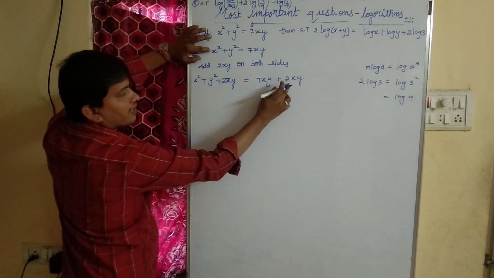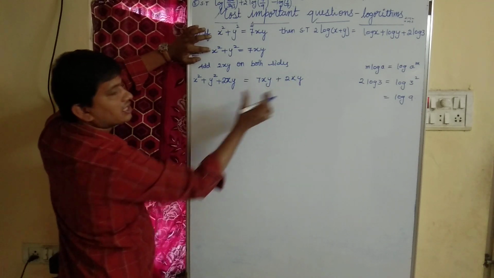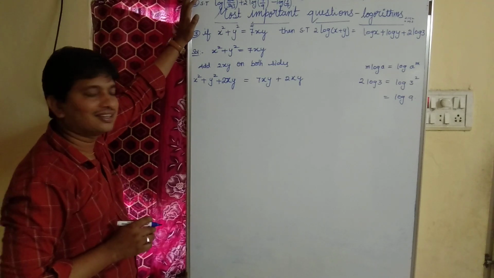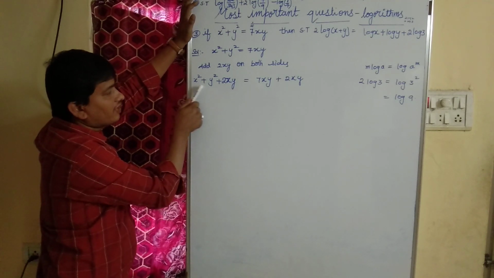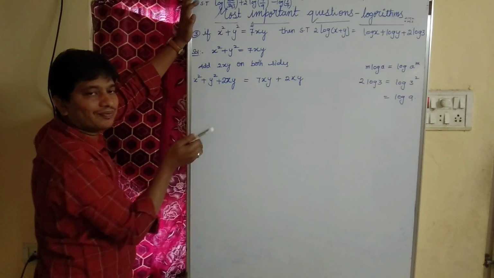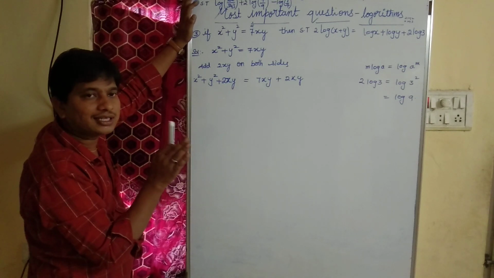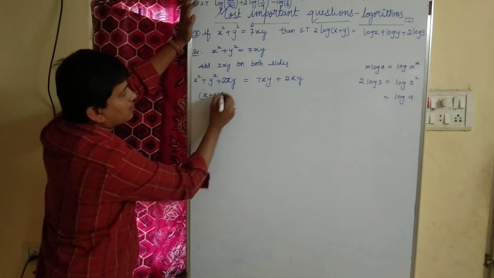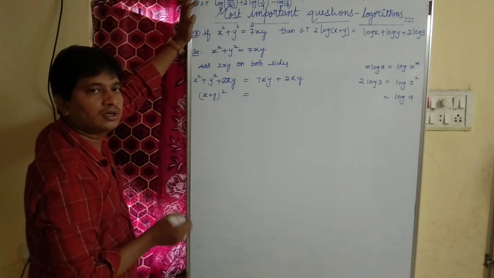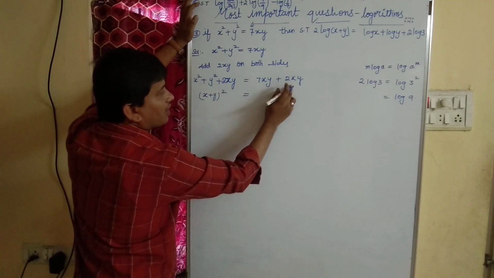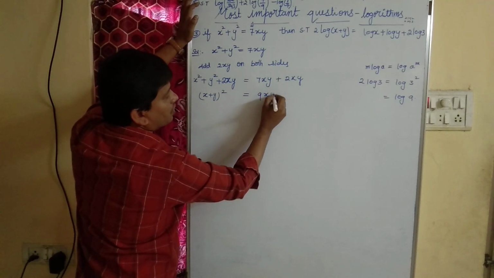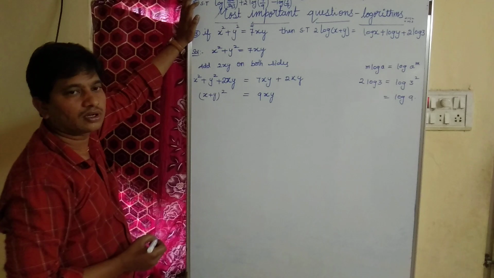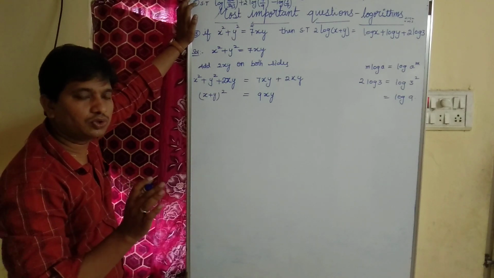We added 2xy on both left hand side as well as right hand side. Right? So x square plus y square plus 2xy, which is the formula of what? X plus y whole square. This is the formula of x plus y whole square equal to 7xy plus 2xy. That is equal to how much? 9xy. Right?